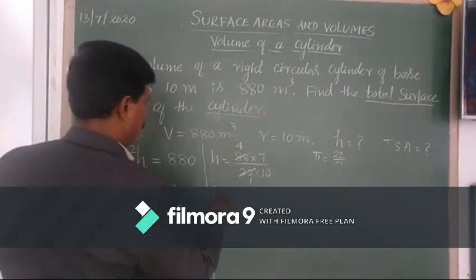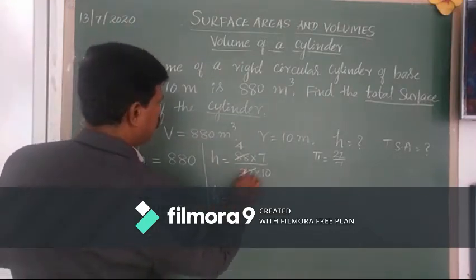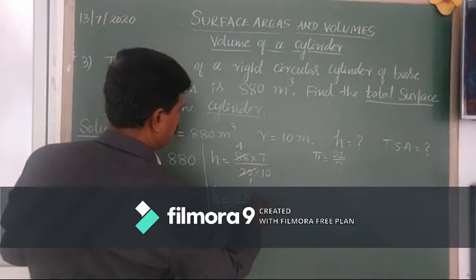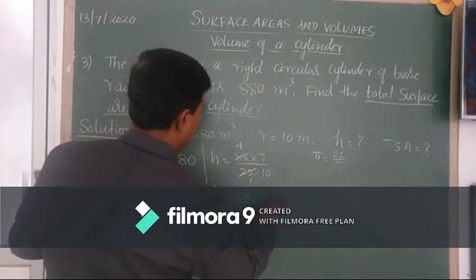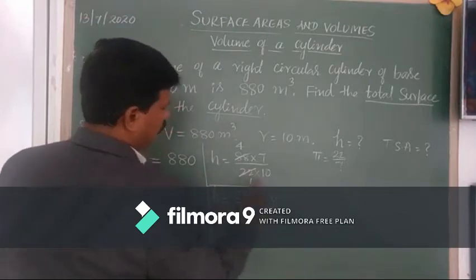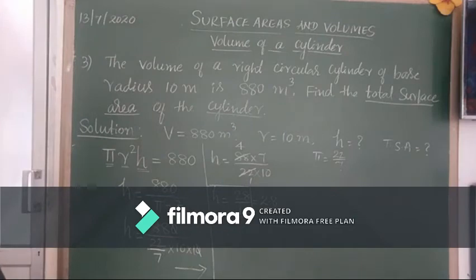So H is equal to what? 7 fours are 28 by 10, that is equal to 2.8. You can keep this h as 28 by 10 only, or you can convert that into decimal form.